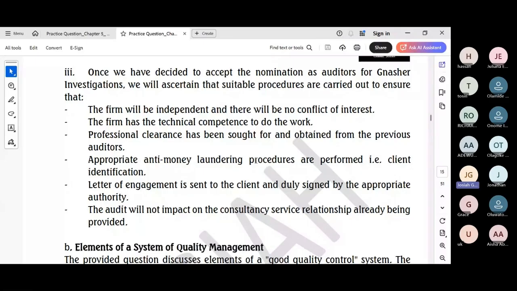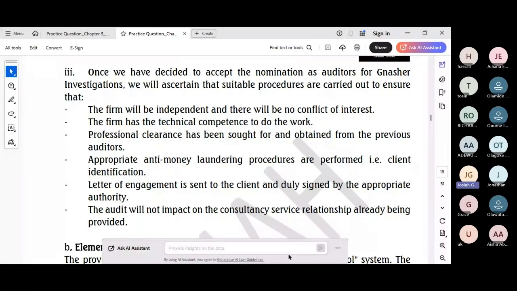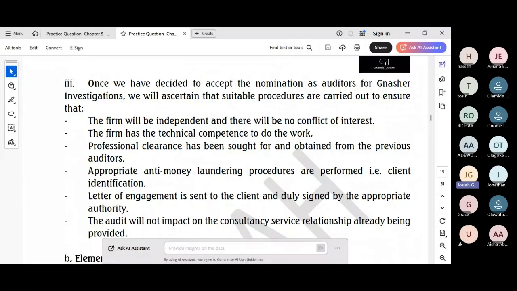Then for the third part, the steps to take in accepting or declining the nomination, I think this is a procedural question. So you should follow this order. Professional clearance first.